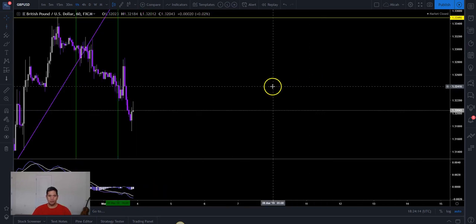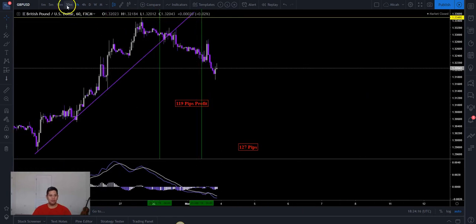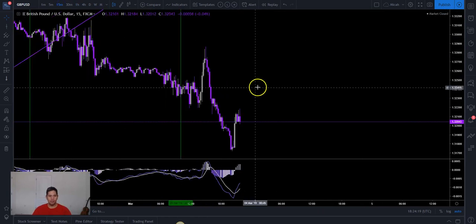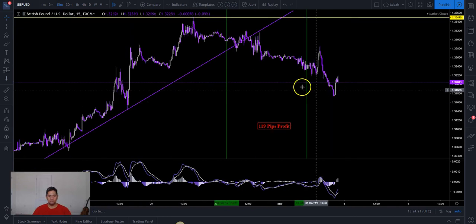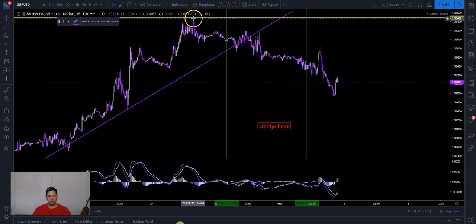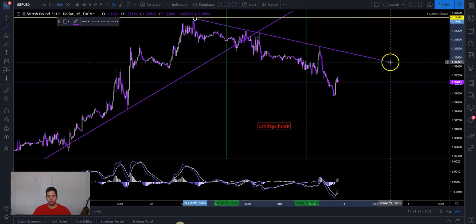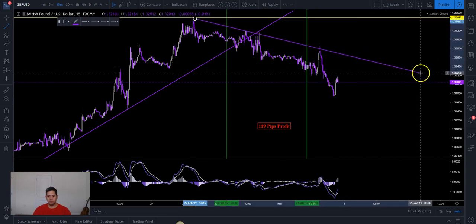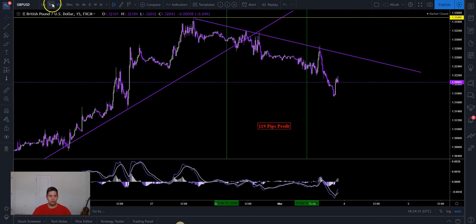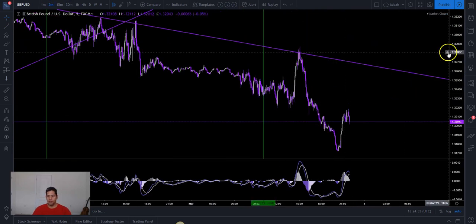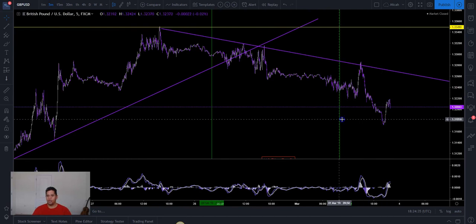Okay, so now we're looking for a buy. So drop down to the 15 to draw our trend line. Okay, now we drop down to the 5-minute for entry, and as you can see, this trade never hit yet.